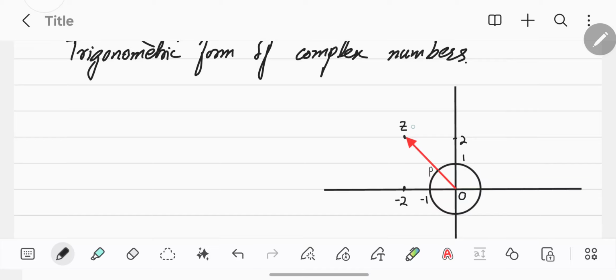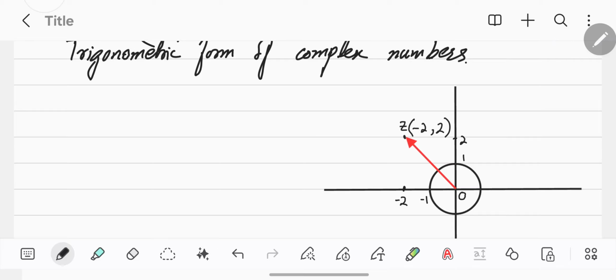If you write the Cartesian coordinates of z, the x coordinate is -2 and the y coordinate is +2. So I will write -2, 2, which are the Cartesian coordinates of z. My aim is to write the trigonometric form or the polar coordinates of this point.